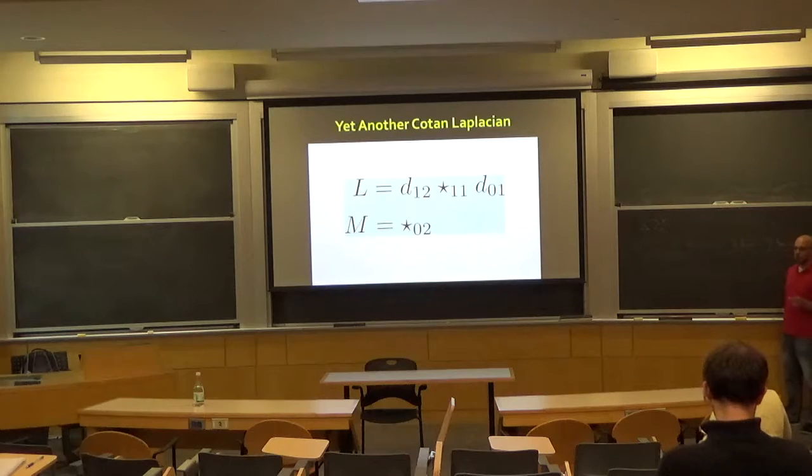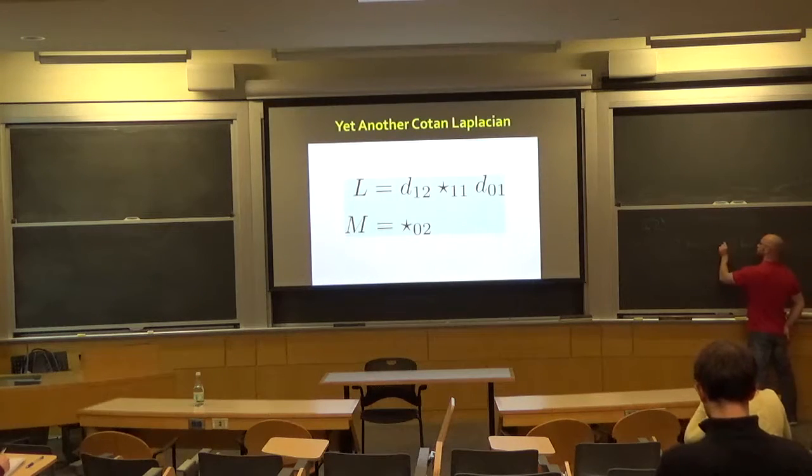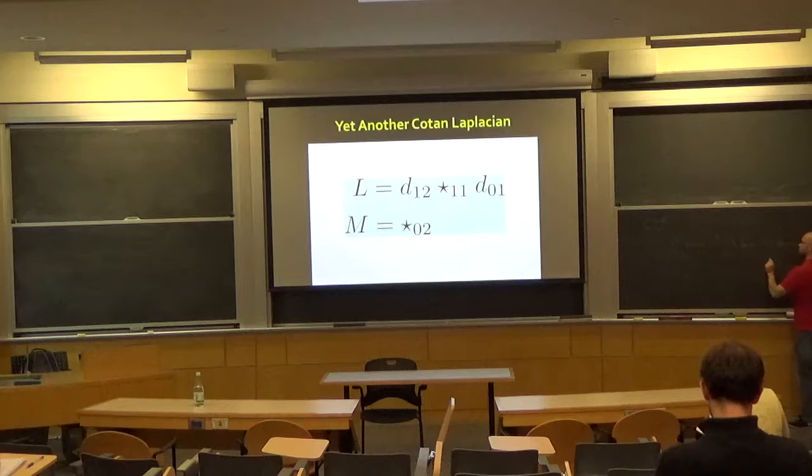So if we want to go from k forms to k plus 1 forms, what operator do we have? D, right? Differentiate. I always confuse chains and cochains, I always forget which one's backward.